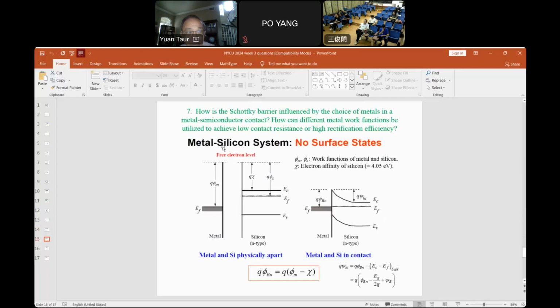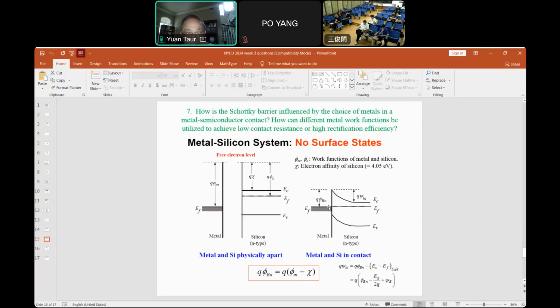Okay, I think that's the last one. How is the Schottky barrier? Okay, the barrier height indicated phi Bn is related to the metal work function minus the electron affinity, which for silicon is fixed, but this is for no surface states.